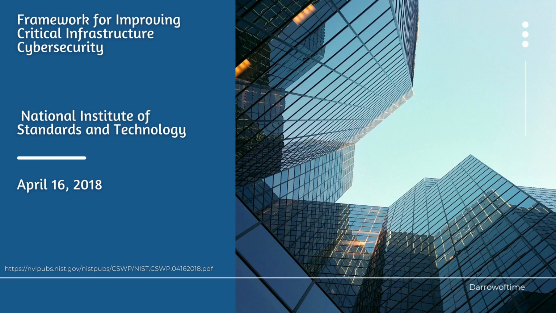Through CEA, NIST must identify a prioritized, flexible, repeatable, performance-based, and cost-effective approach, including information security measures and controls that may be voluntarily adopted by owners and operators of critical infrastructure to help them identify, assess, and manage cyber risk.